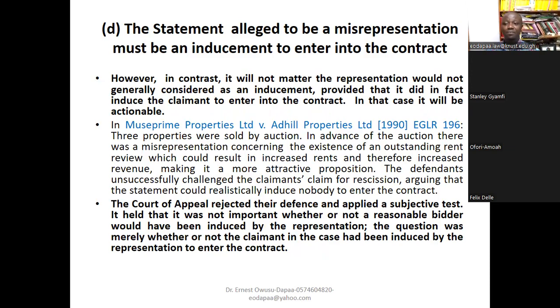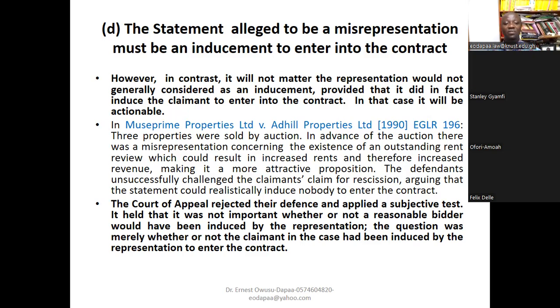So as we have said, it may well be that there were other things which also influenced the misrepresentee. So long as the false statement was one of those things which exercised the representee's mind, the requirement of inducement will have been achieved.